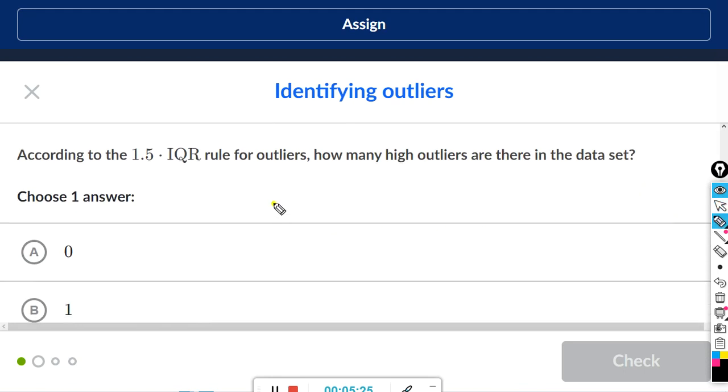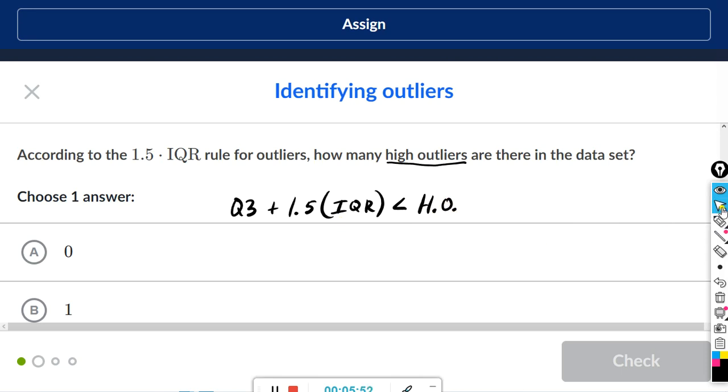We said Q3 plus 1.5 times IQR, and the high outliers are going to be greater than this. I'll abbreviate HO for high outliers.